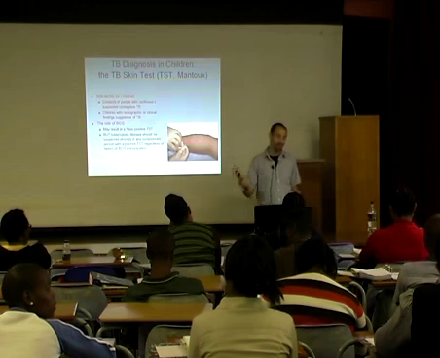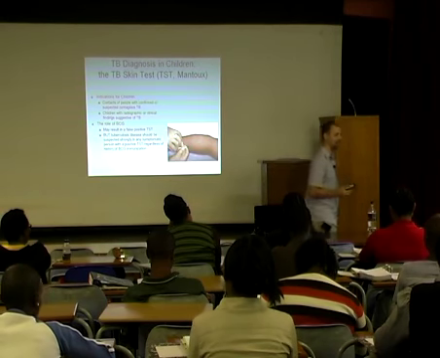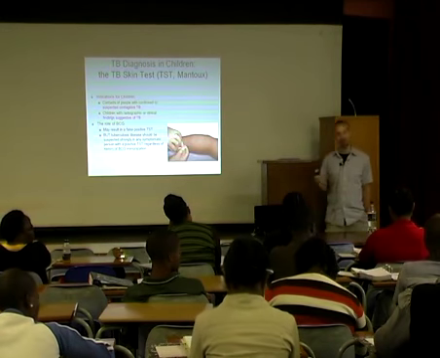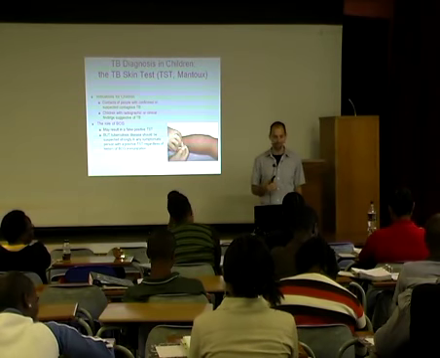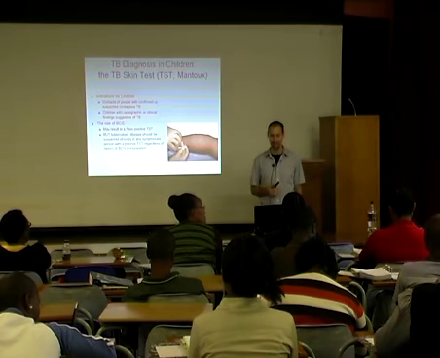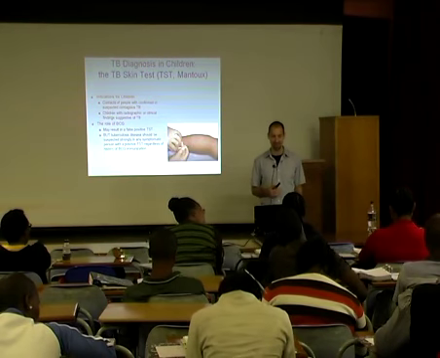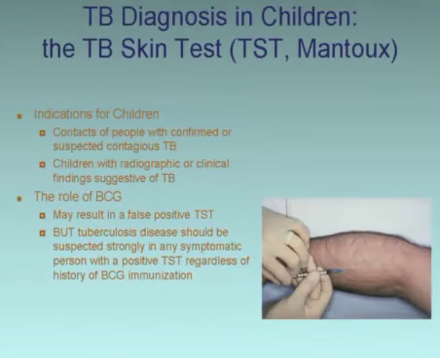Now they're starting to do it in those who are HIV positive. But even those who are HIV negative, if you have a positive skin test, there's a good chance that you'll get symptomatic at some point in your life. And also to decrease the spread to others, if you do become sick, you should be treated.